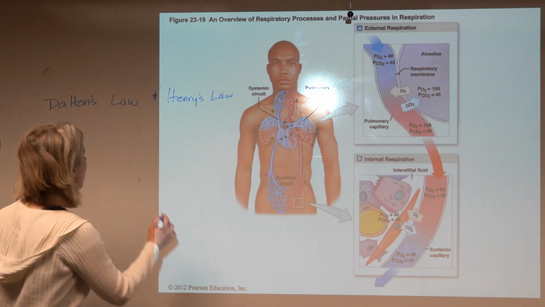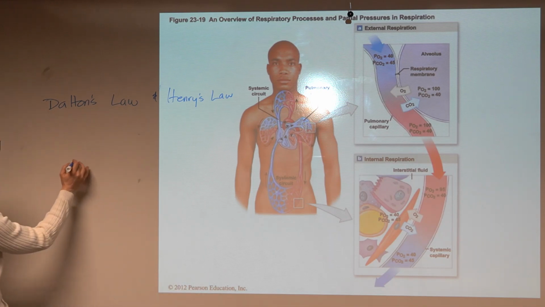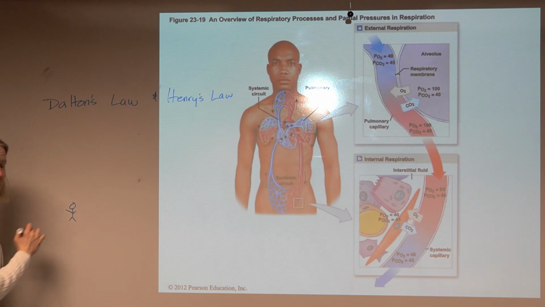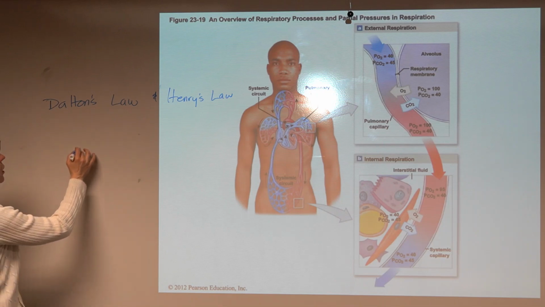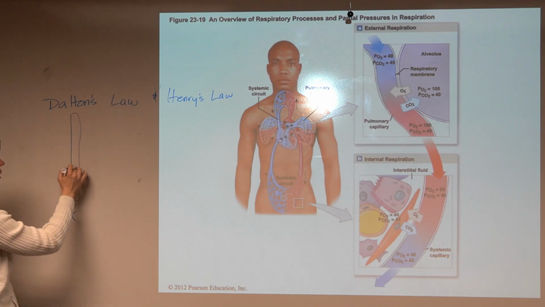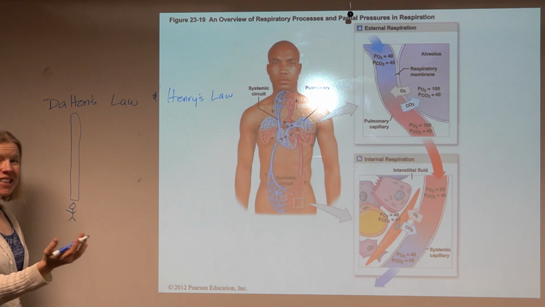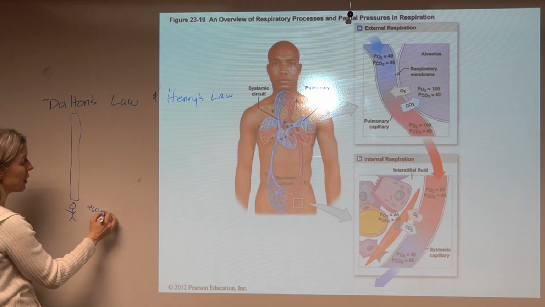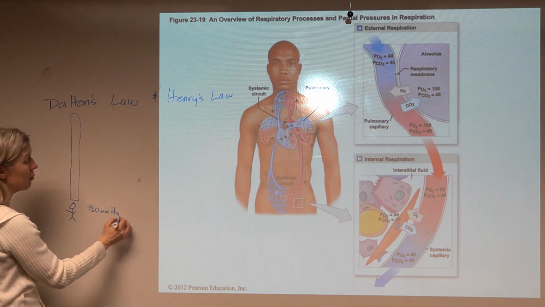So think about this. If you're that little guy, there you are, standing there with that column of air on top of you, we said that was an atmosphere, or 760 millimeters of mercury.